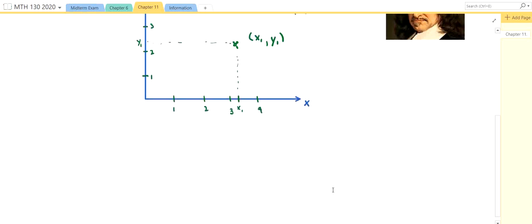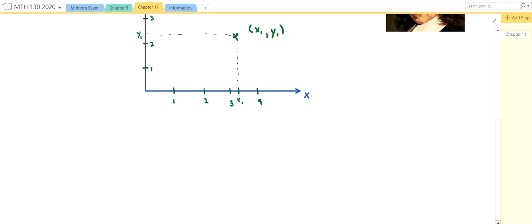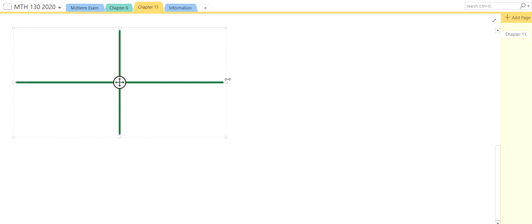But really, each of these lines can extend both in the positive and negative direction. So we could create a larger system here. So this is our x-axis. This is our y-axis again. So now we have not only positive numbers, but also negative numbers, and all the numbers in between, so on and so forth.